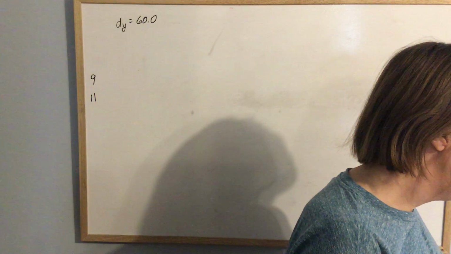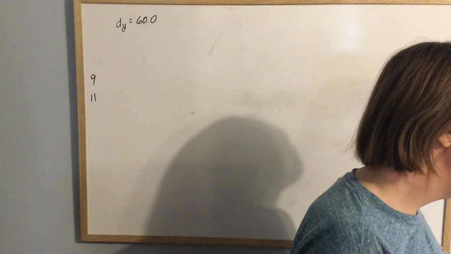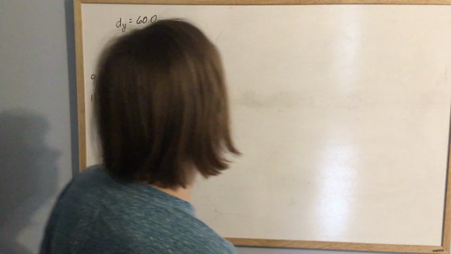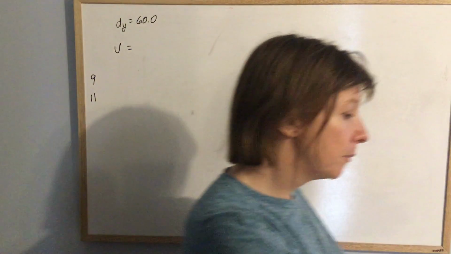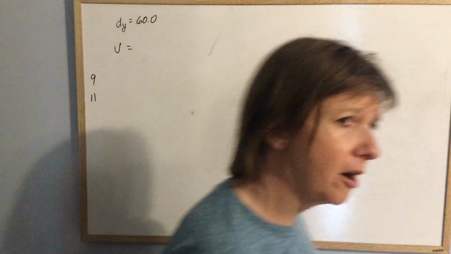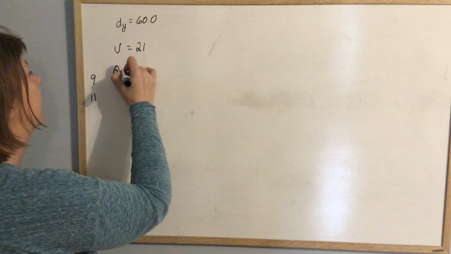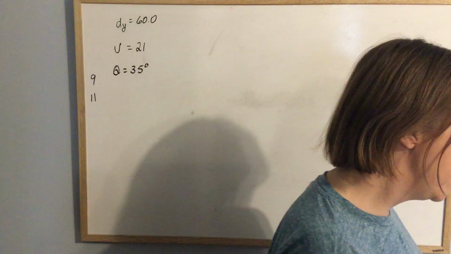You throw a stone from the cliff, giving it an initial velocity of 21 meters per second at 35 degrees above the horizontal. I forgot that part, I swear I have Alzheimer's. So, 21 meters per second at an angle of 35 degrees above the horizontal.